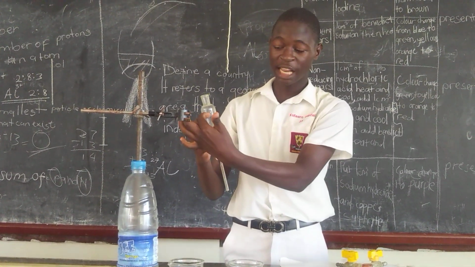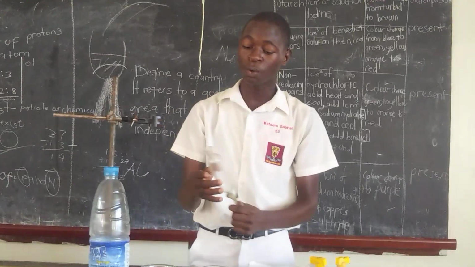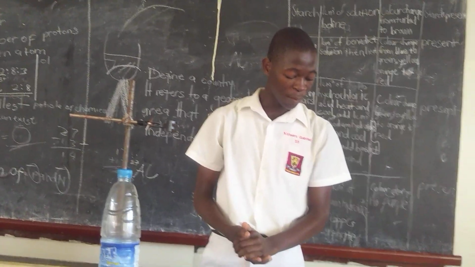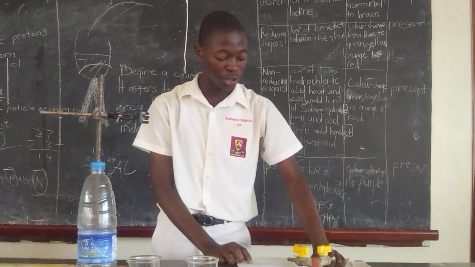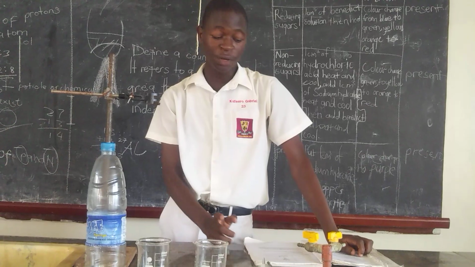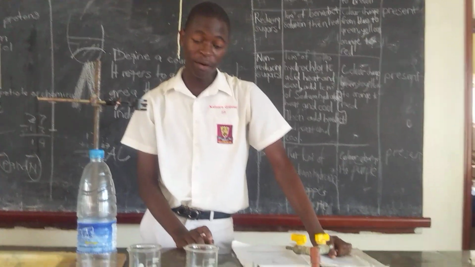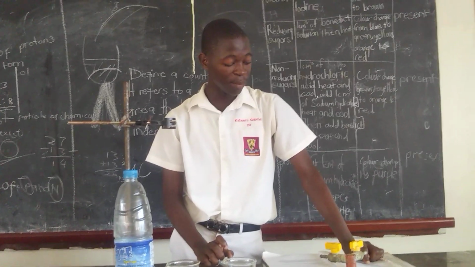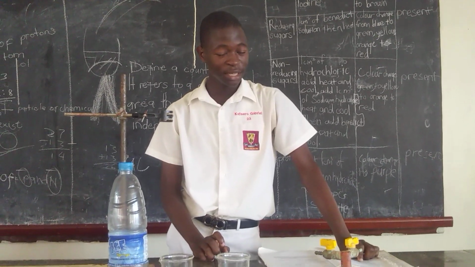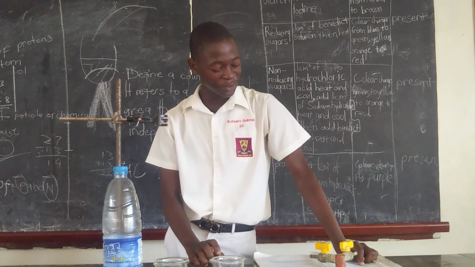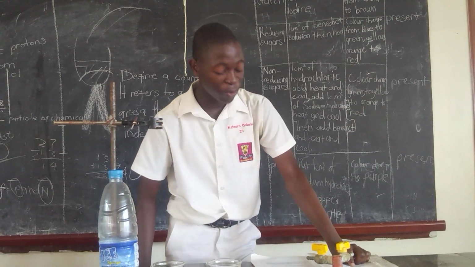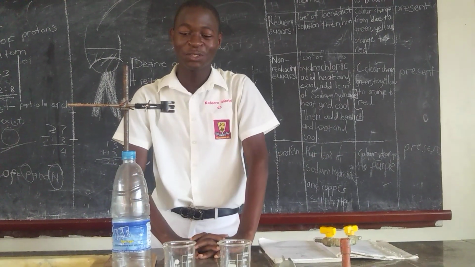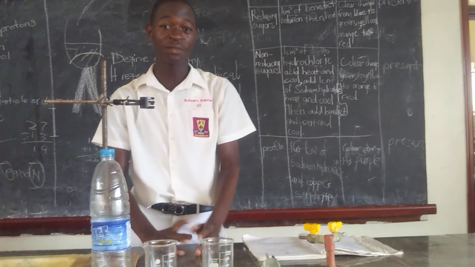So we have examples of miscible liquids which include water and cooking oil, water and paraffin or kerosene, water and carbon tetrachloride, water and chloroform, and water and benzene. Those are examples of miscible liquids.